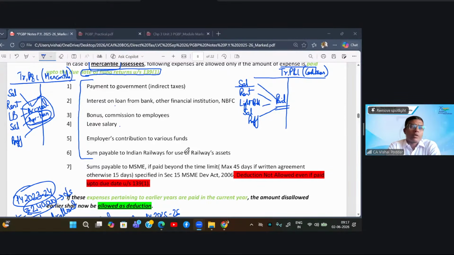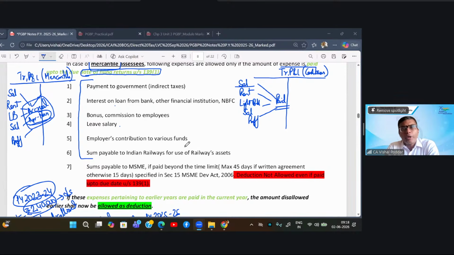In this particular case, whatever is the usage of this railway facility, which is done exclusively for you, will come under this particular point number 6, where the railway, since it is setting up specific railway line only for you and also constructed a station, will be charging some charges as a rent. So these are the examples, Sushmita, of point number 6. Clear to everyone?